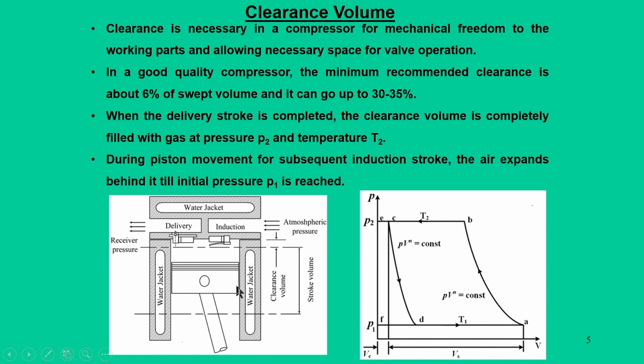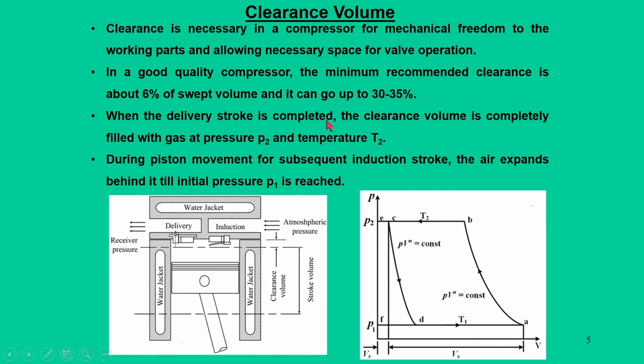One is that we have to find a realistic way to maintain a close to isothermal process just by releasing heat to the water jacket. Second, we have to maintain a clearance volume, and typically for good quality compressors, the minimum recommended clearance is about 6%, but it can go up to 30 to 35% for large scale.